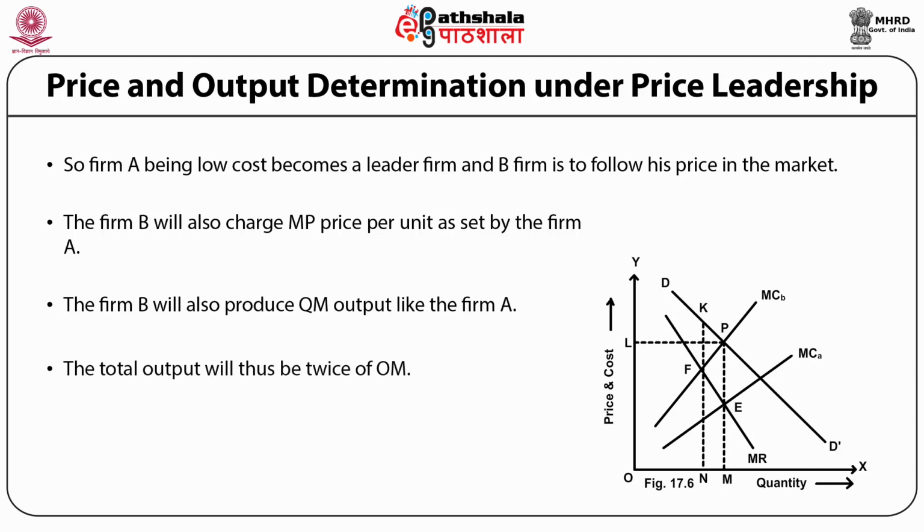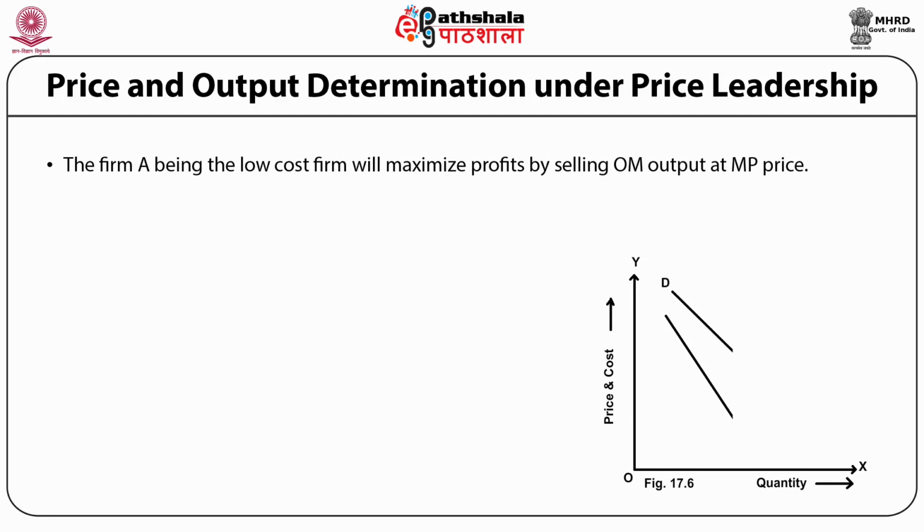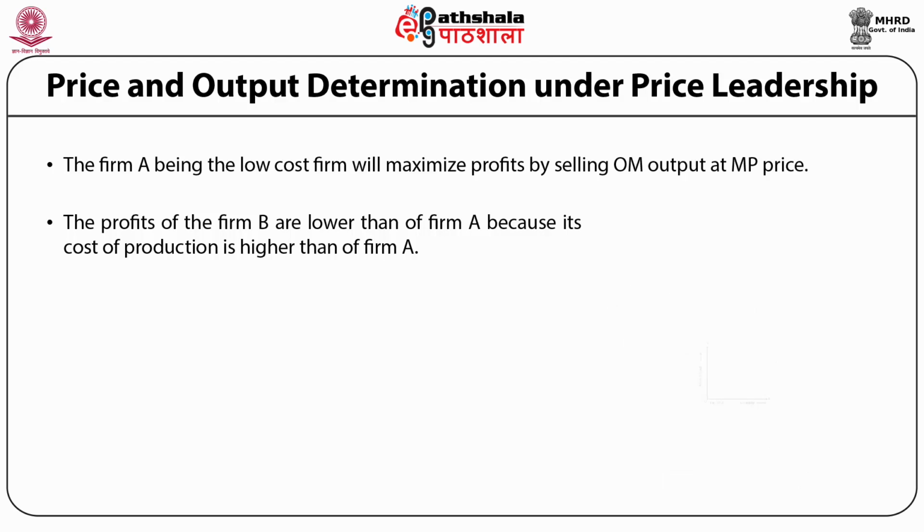The total output will thus be twice of OM. The firm A, being the low-cost firm, will maximize profits by selling OM output at MP price. The profits of firm B are lower than those of firm A because its cost of production is higher than that of firm A.